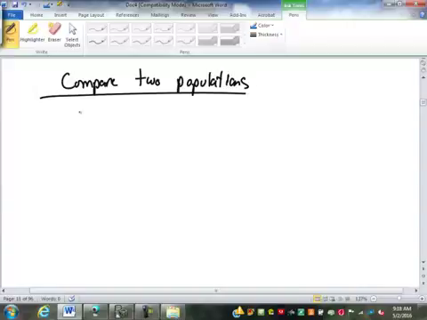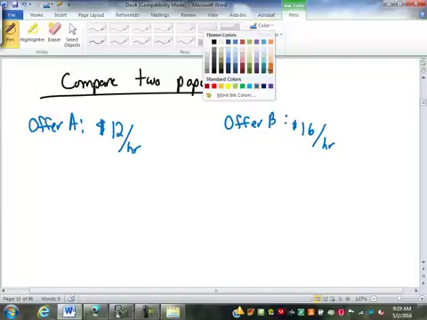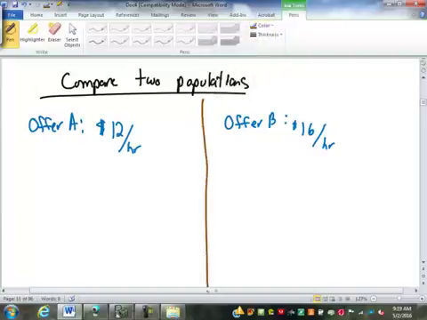Let's say you get an offer. We're just going to call it offer A, which is $12 per hour. Offer B, which is $16 per hour. And you're thinking, geez, $4 an hour more, that sure looks good.